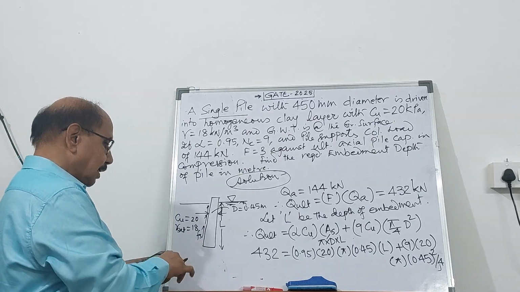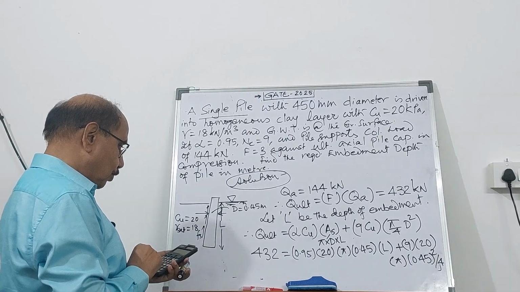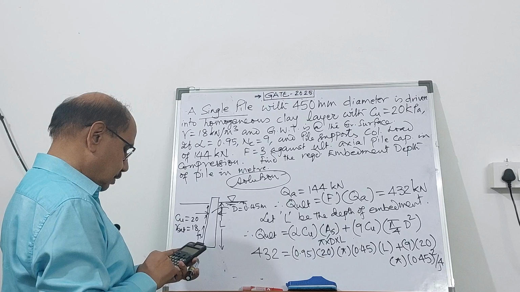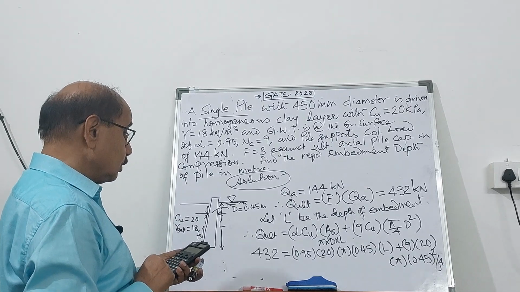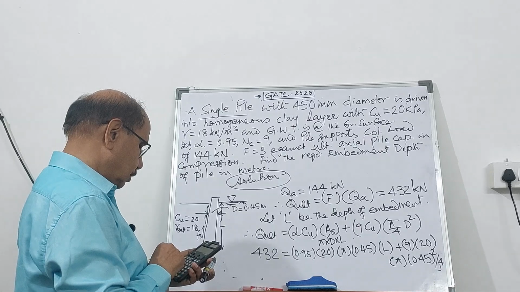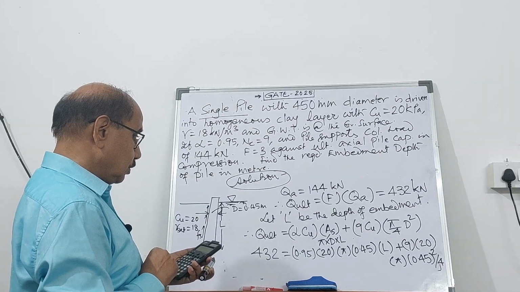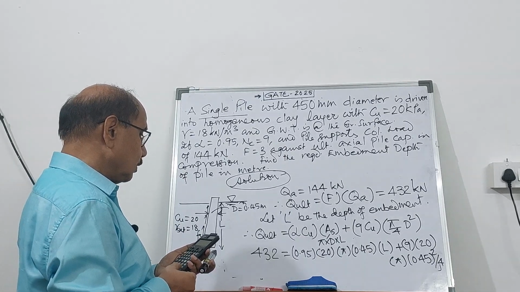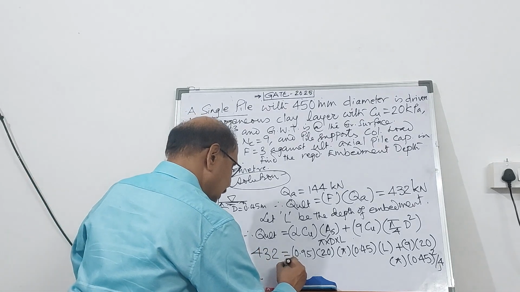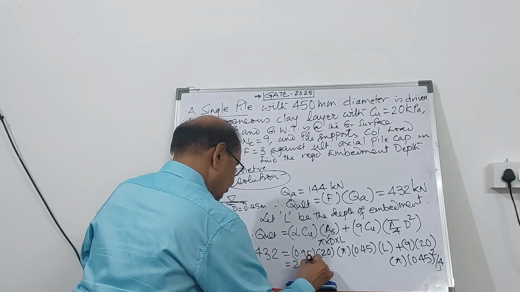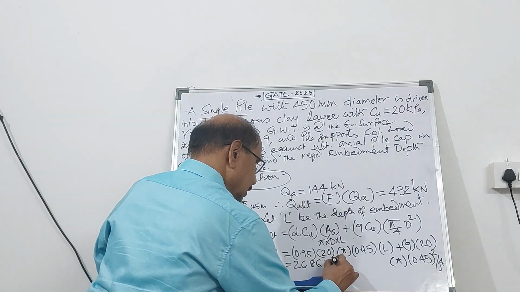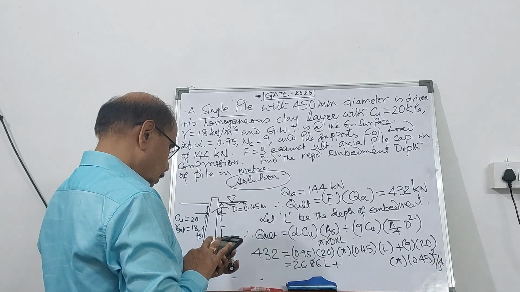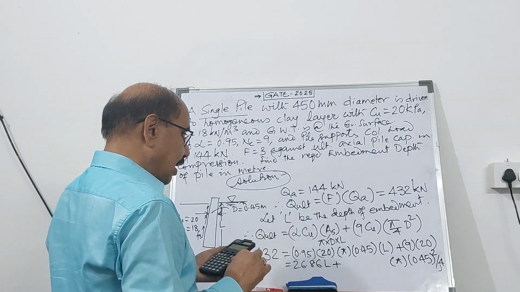So let us calculate this. 4.95. This is 26.86 times L plus, now this becomes the second part.